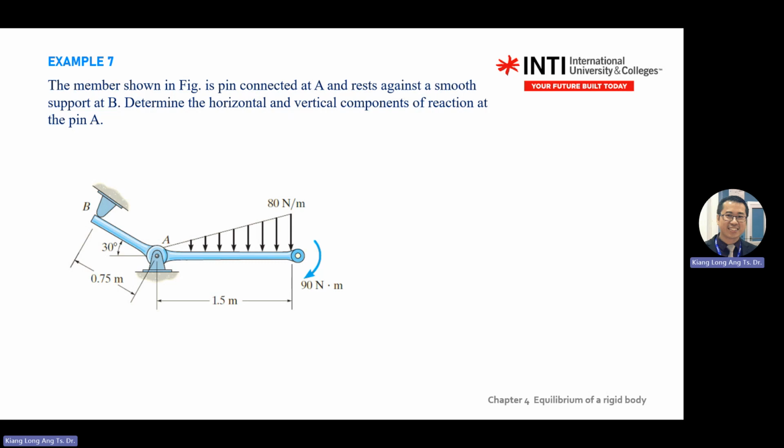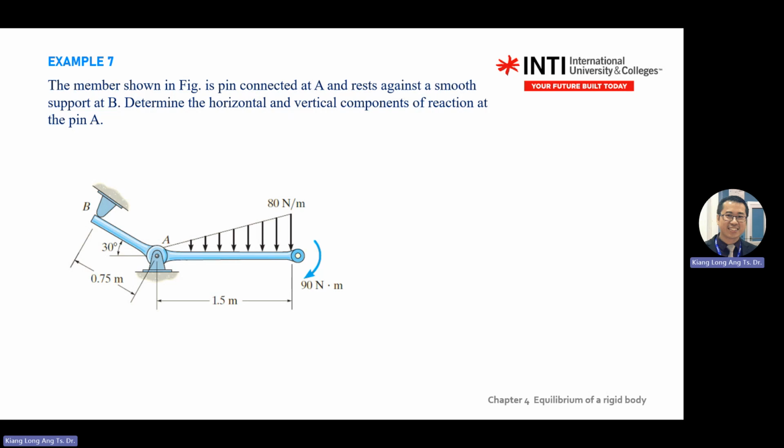This is a triangular, there's a concentrated load for this one. Distance will be a quarter from the base. This is the base.